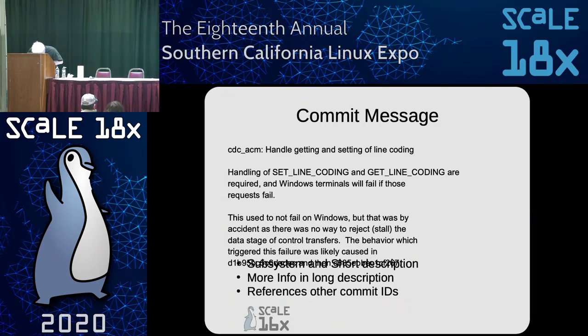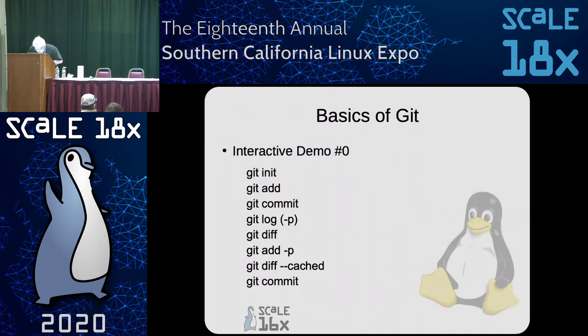So yeah, you can definitely put more info in the long description, and more importantly, you can reference other commit IDs in that description. And in many cases, like if you're looking at a repository on an online service like GitHub or GitLab, they will turn those into clickable links so that you can just literally click and see what commit that you're referring to, which is pretty cool.